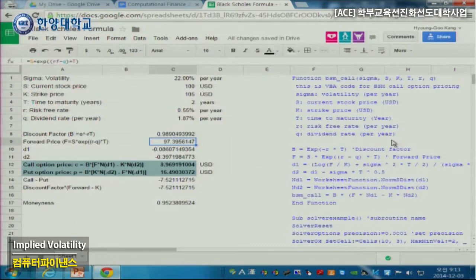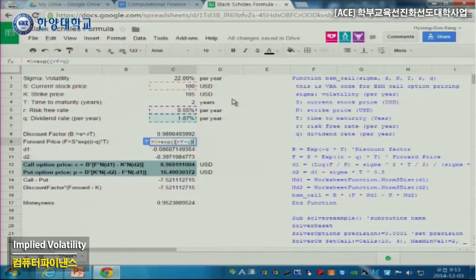And for the forward price, F is S times exponential of (r minus q) times T, where r is the risk-free rate.